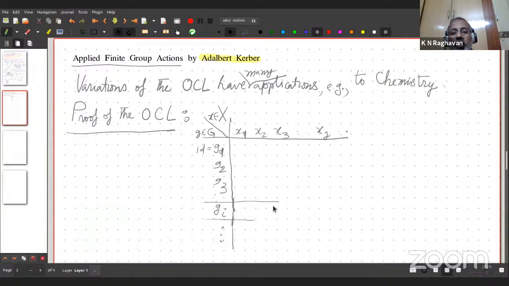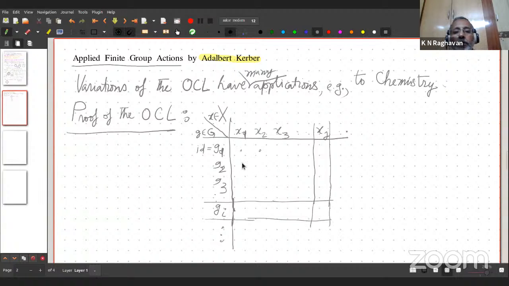Now, what I do is I fill this matrix with 1 or 0. In every entry, there are all these entries, right? So I put here 1 or 0. Okay, and when do I put 1? Each row corresponds to an element of the group.